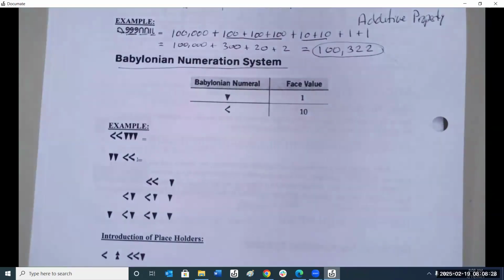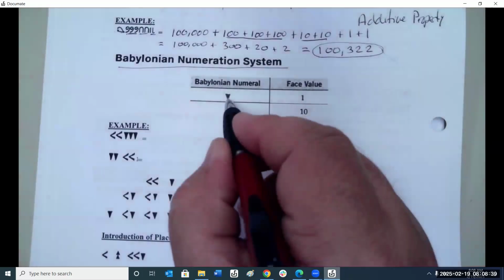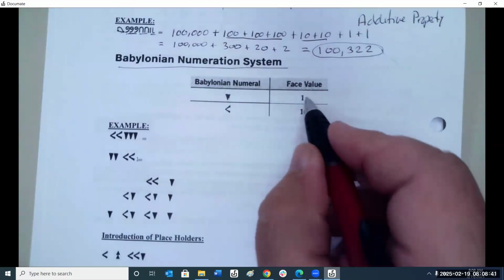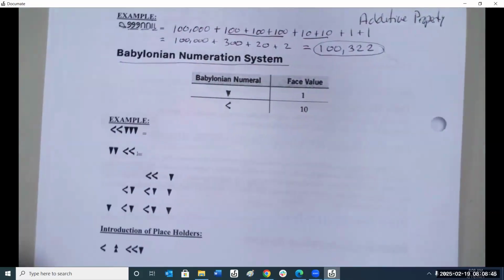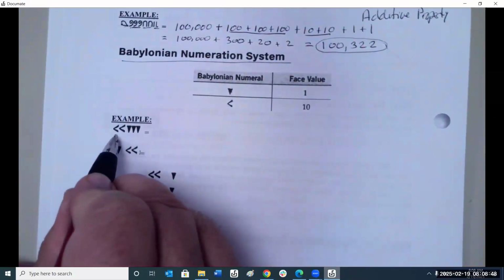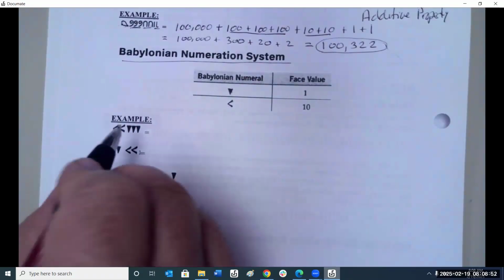The Babylonians were pretty much limited. They had a simplistic form. At first, they only had 2 symbols. The downward arrow, which is a 1, and the left arrow is a 10. So, for example, in this one here, what would it represent?